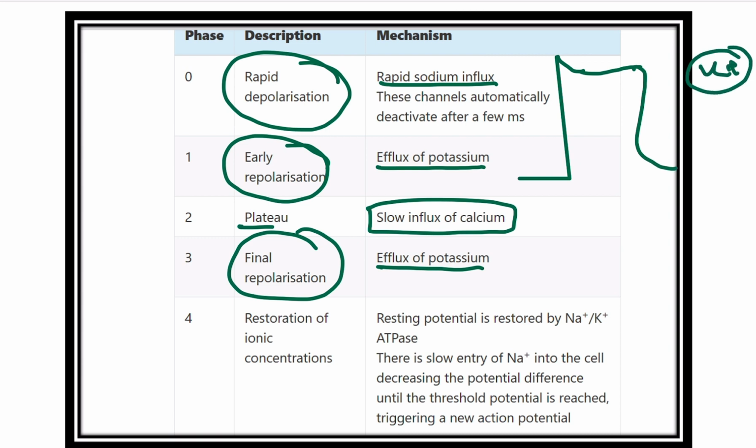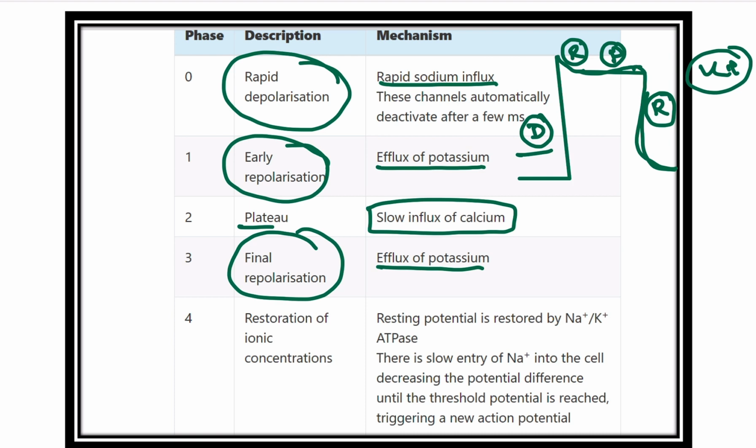So first of all depolarization, then early repolarization, then plateau phase, and then last repolarization, or late repolarization. Depolarization occurs due to sodium ion, repolarization occurs due to potassium ion, and the plateau phase is responsible for calcium ion. I think it is very clear now.